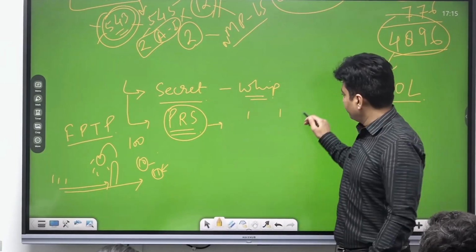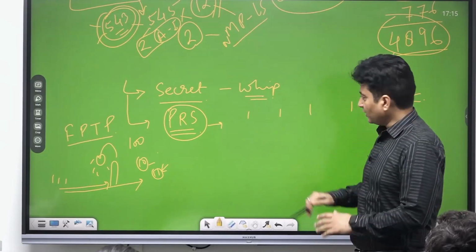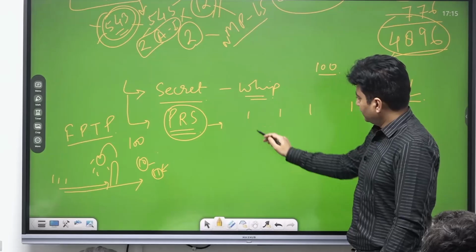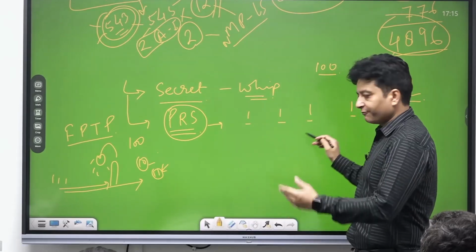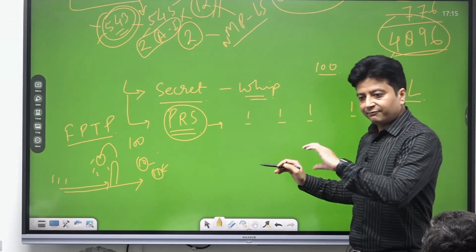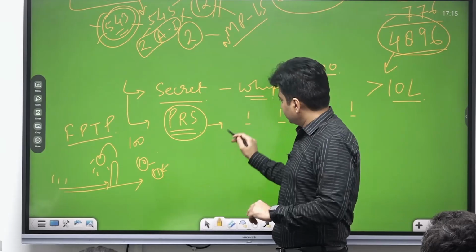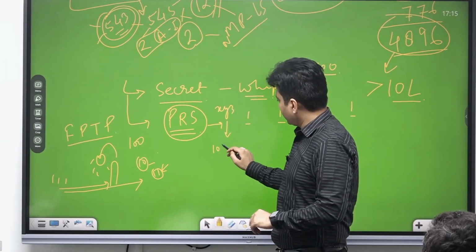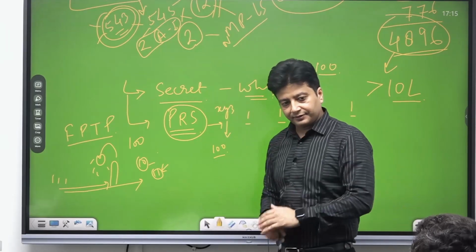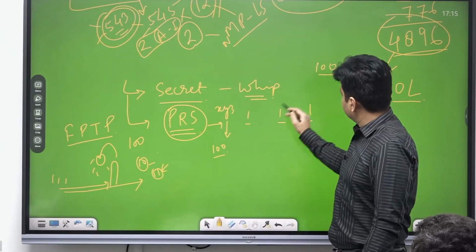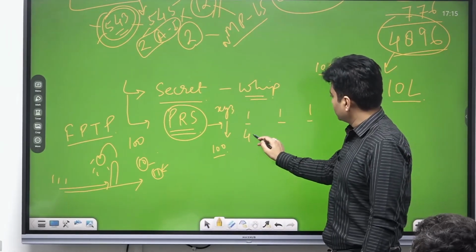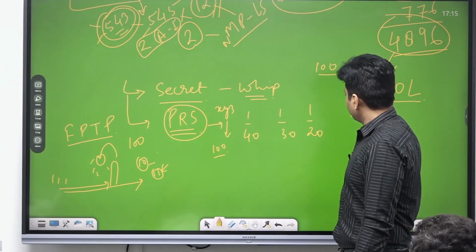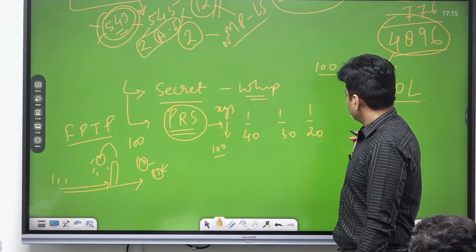Means if there are 100 votes and 4 symbols have been voted for, and say for example in XYZ political party there are 100 candidates, they have given the list, and out of 100 this has got 40, 30, 20, and how much is left? 10.